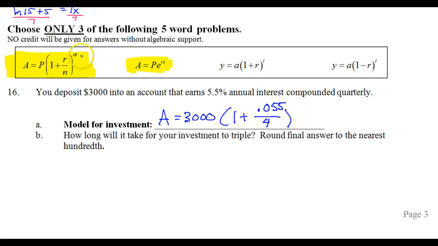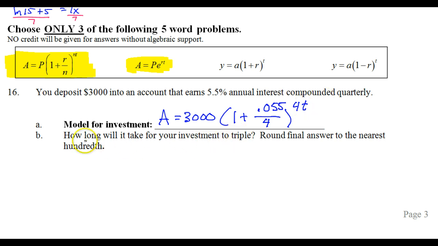And then we have N times T. So that's the same N as before, 4. So we'll say 4T. Now for the model, that T is going to still be there. We don't know it. This equation should give us the amount of our investment after any time T in years.